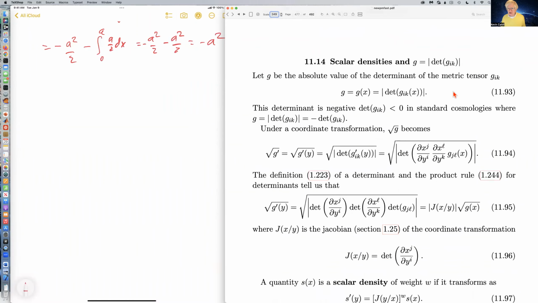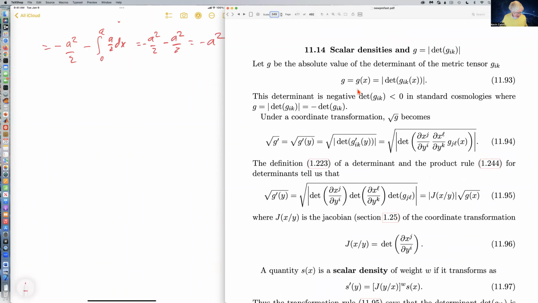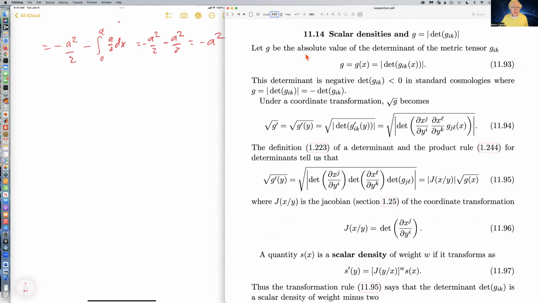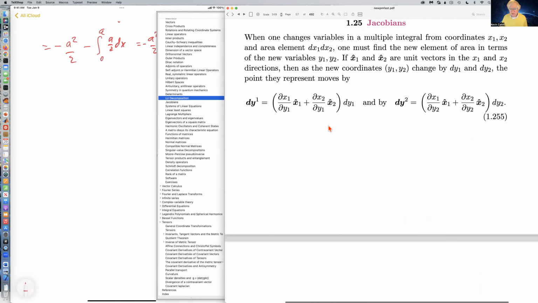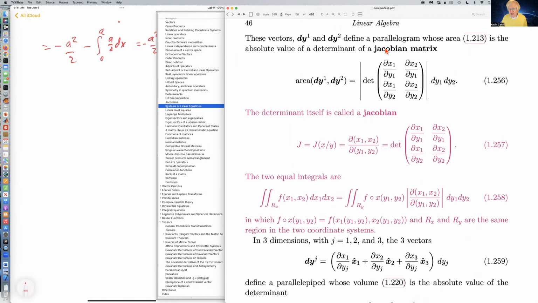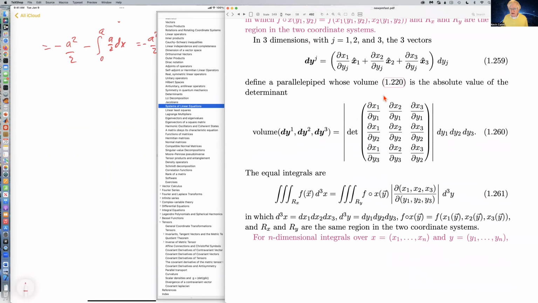I thought I should say something about the scalar densities here. The basic idea here is something that we were talking about way back in chapter 1 on Jacobians. Remember that the area is the Jacobian. If you change variables from x's to y's, the change is a Jacobian.